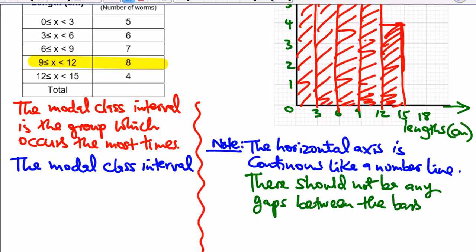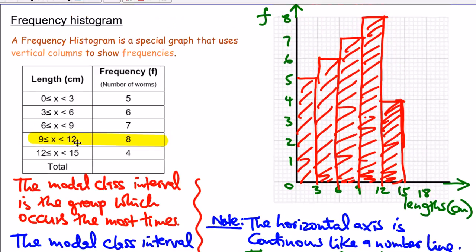So the modal class interval is 9 to 12 centimeters. From the table you can see that that is the modal class which has the biggest frequency.